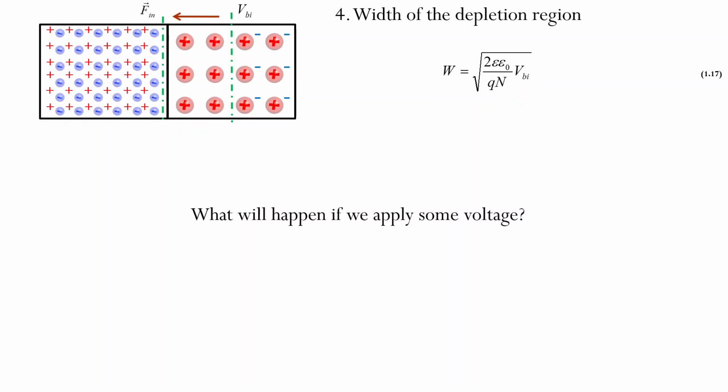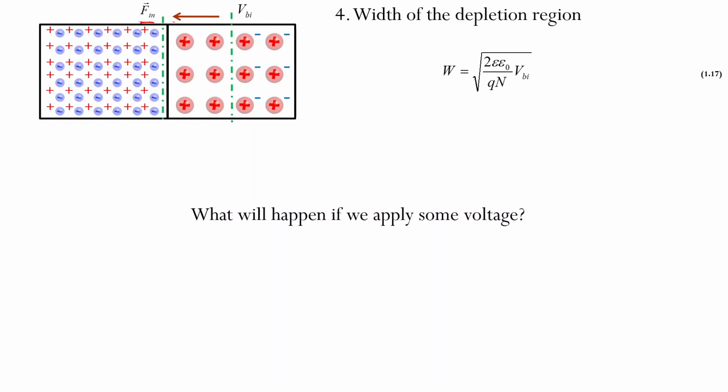So now your suggestions: what will happen if we apply some external potential difference to such a p-n junction? Keep in mind we have some internal electric field which is oriented from N-type to P-type.